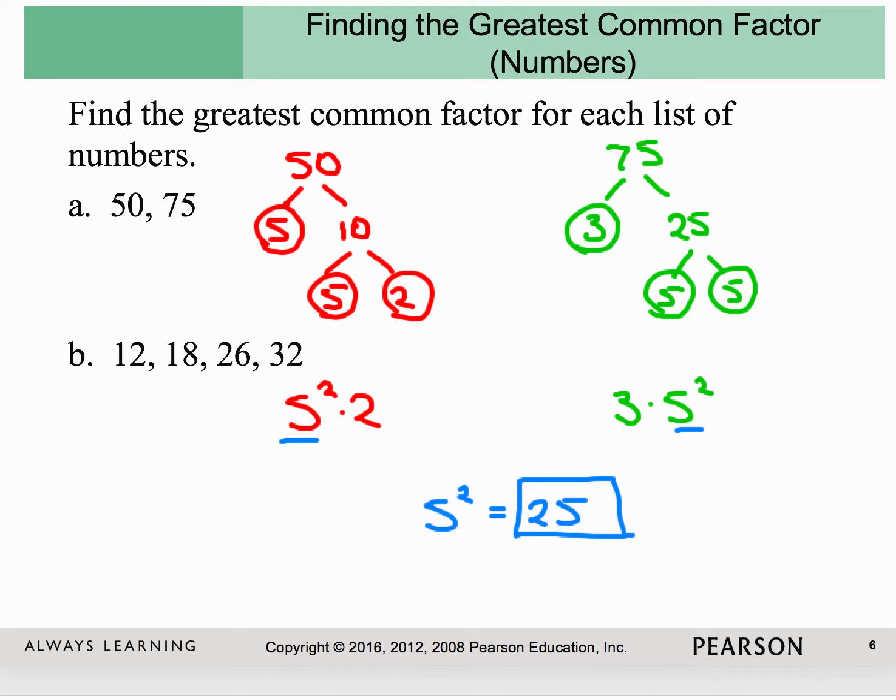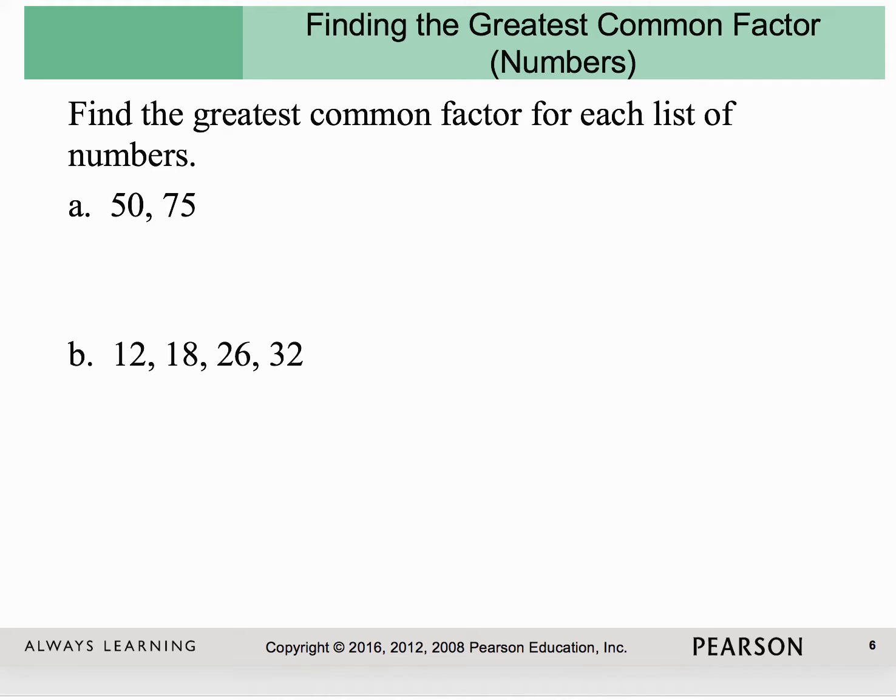All right, so let's try it with some numbers that we may not have known the answer to. Okay, let's start with 12 and find our prime factorization. Let's make that 3 times 4, and then 4 is 2 times 2.